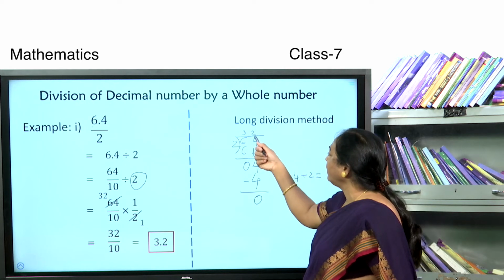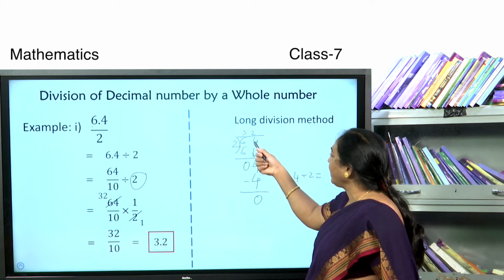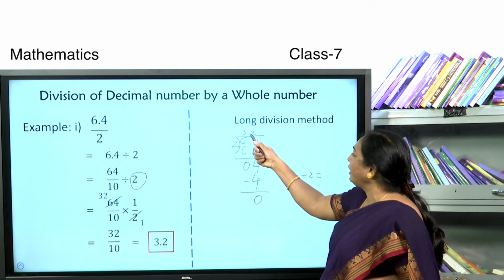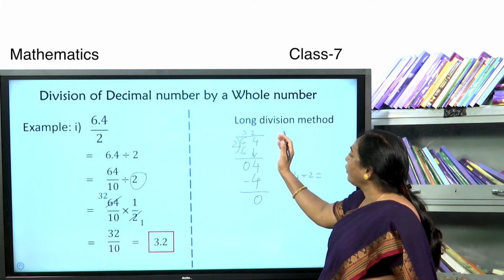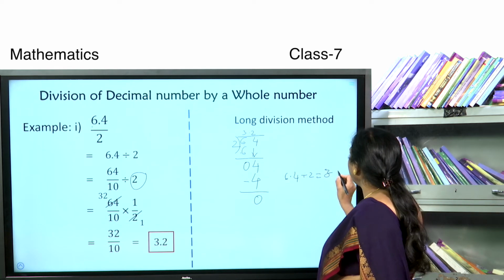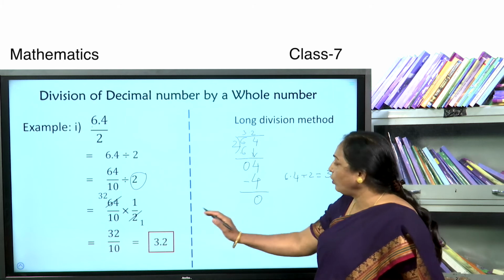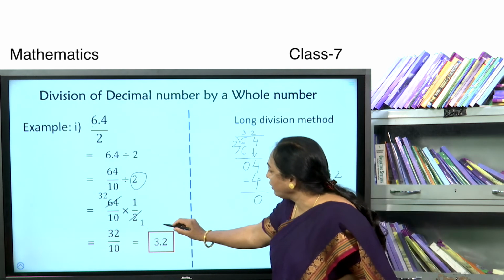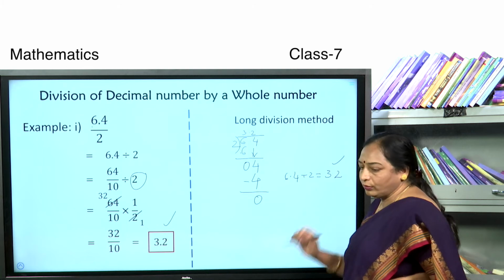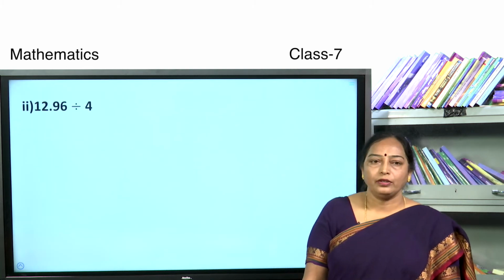In the dividend, one digit is there right of the decimal point. Therefore, place the decimal point after one digit from the right. Therefore, the answer is 3.2. In both methods of solving, we get the same answer, 3.2.